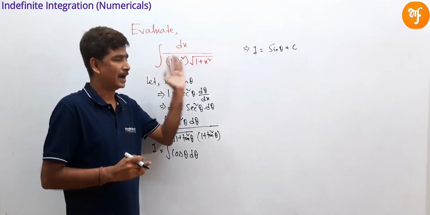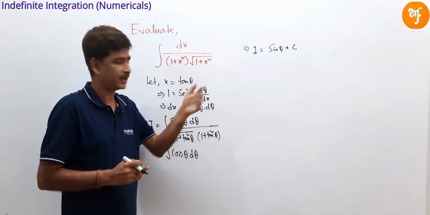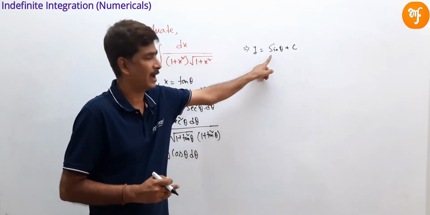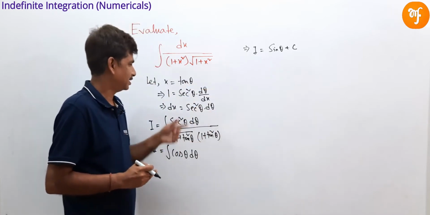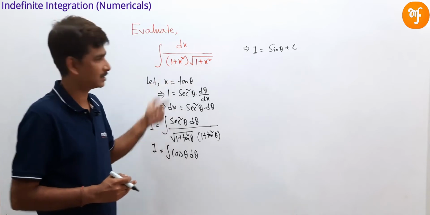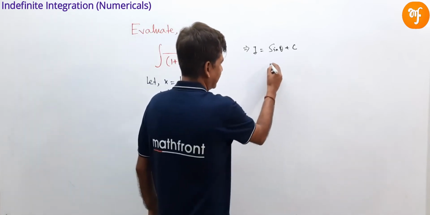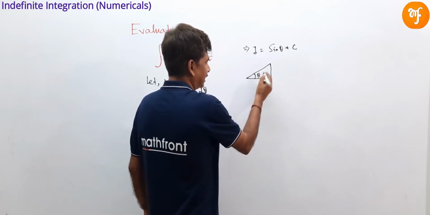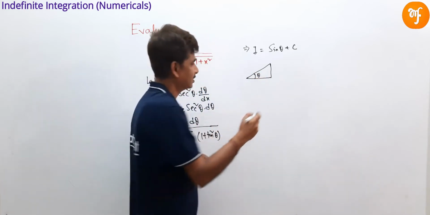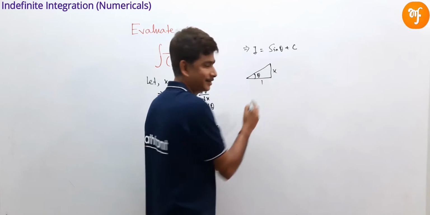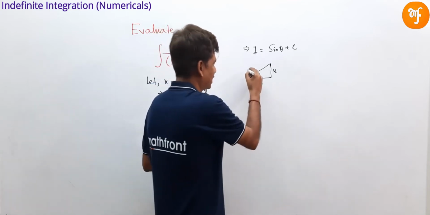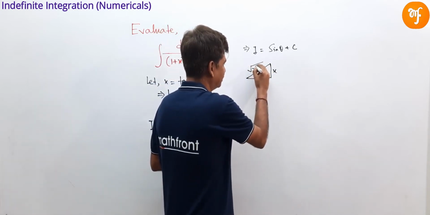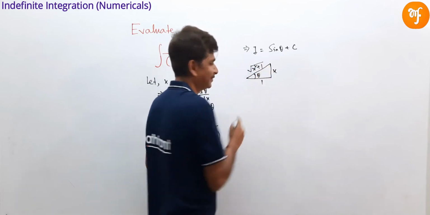Now to write this answer in terms of x, we have to put the value of sin theta in terms of x. So as we have tan theta is equal to x, so if it is theta, tan theta is perpendicular by base, so this is x by 1. So hypotenuse becomes square root of x square plus 1. Okay.